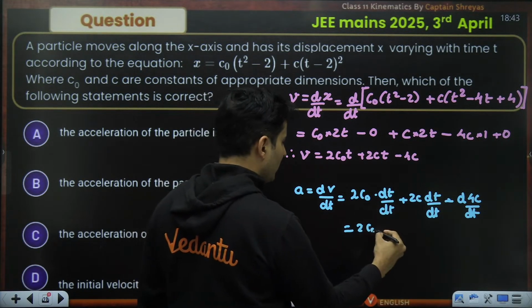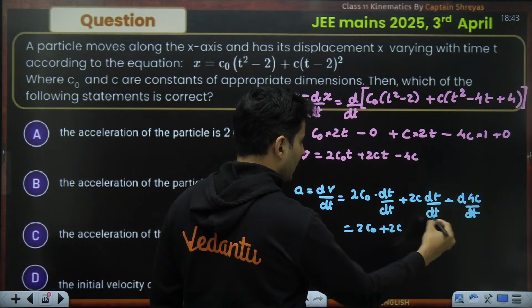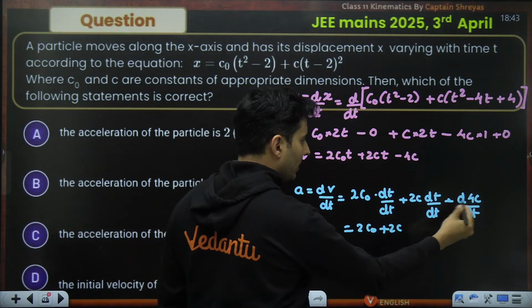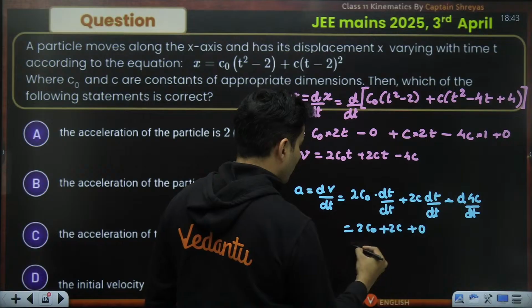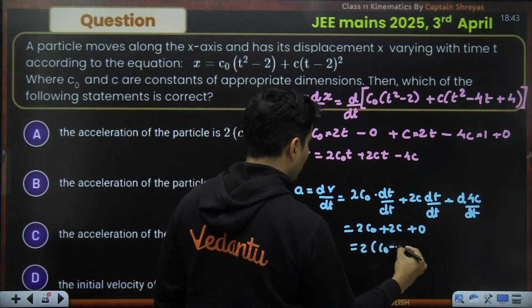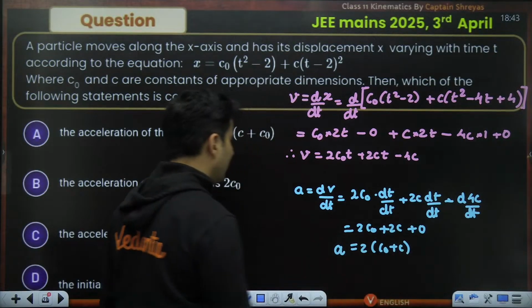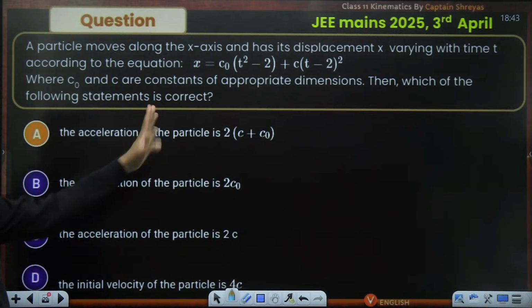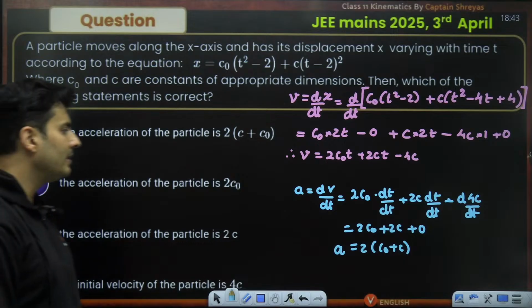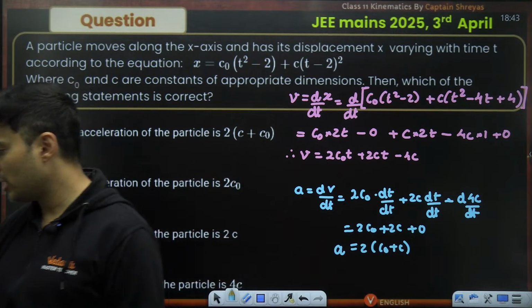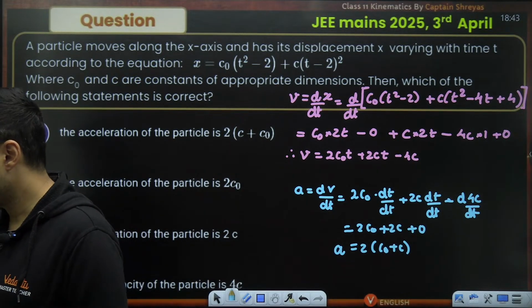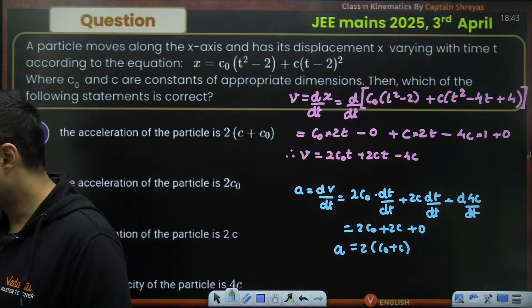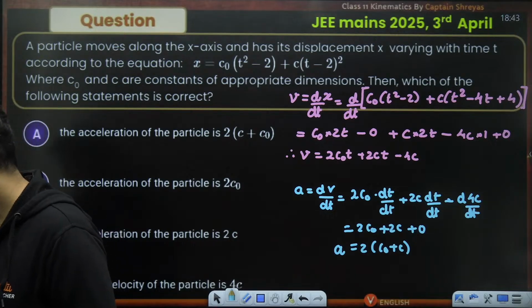So it will be 2c naught plus 2c, because t with t is 1 only. This is a constant, so 0. So it will be 2 common, c naught plus c. That is the acceleration. 2 into c naught plus c. I can see option A already matching over here. No need to check anything else. That is the right answer. Correct, option A. Very good evening, everyone.